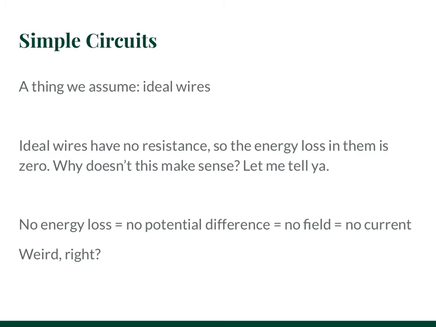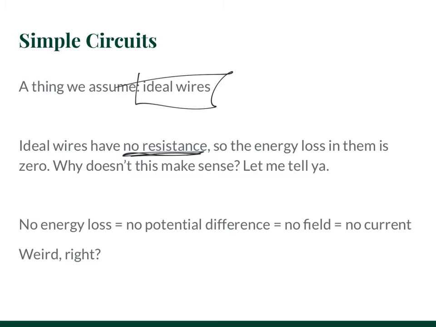All right, now we get into the fun part of the lecture, which is the assumptions that we make when working with simple circuits. One of the assumptions is that Ohm's law holds true. Another thing that we're going to assume is that we are using ideal wires. Ideal wires have no resistance, so there's going to be no energy loss inside the wire. But this doesn't really make sense from a physical standpoint.